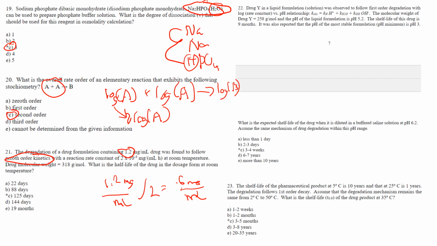But since we only want a half-life, we take half the concentration and divide it by the rate, which is 2e negative 4. When we do that, we get 3,000 hours. Divided by 24 hours, you get 125 days.